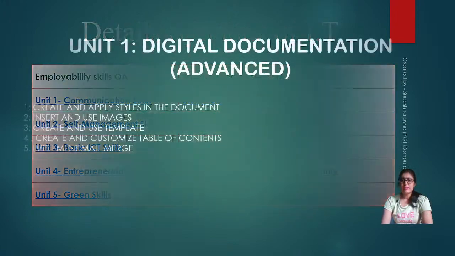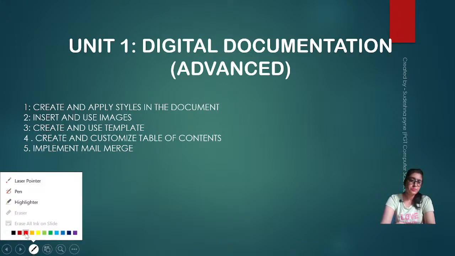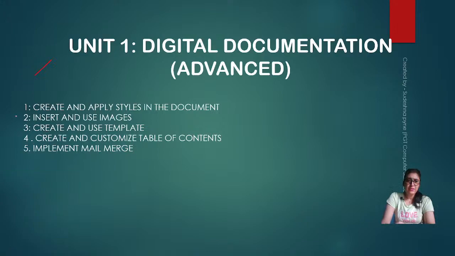Now let's see what we have in unit 1, digital documentation. This is our first chapter, and we are having 5 main portions of it. First, we have create and apply style in the document.